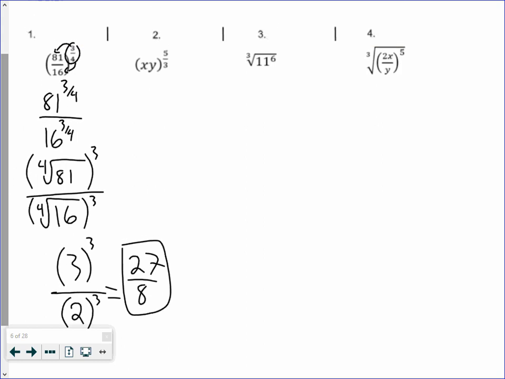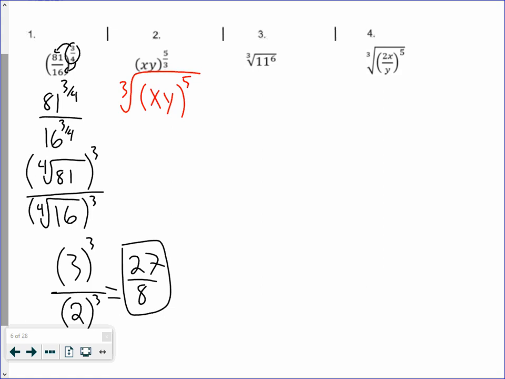And now for number 2, we have xy all raised to the 5 over 3 power. We want to change this rational exponent to a radical expression. So we can rewrite this as the 3rd root of xy all to the 5th power. In this case, we want the exponent inside because we can reduce this by taking out groups of xy's.